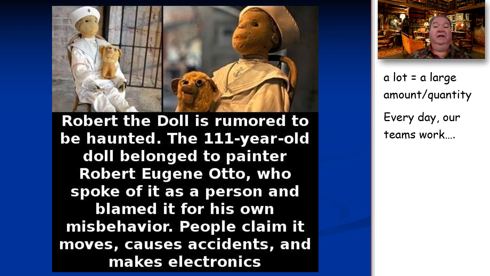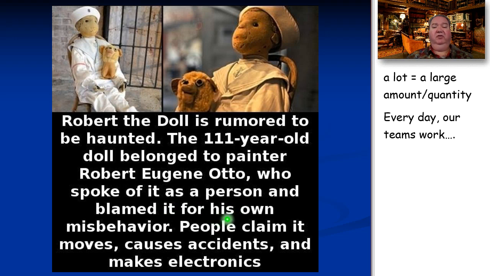The 111-year-old doll belonged to painter Robert Eugene Otto, who spoke of it as a person and blamed it for his own misbehavior. So Robert Eugene Otto spoke of it, Robert the Doll, as a person and blamed it, the doll, for his own misbehavior.